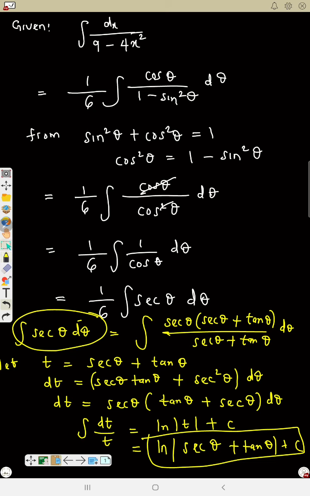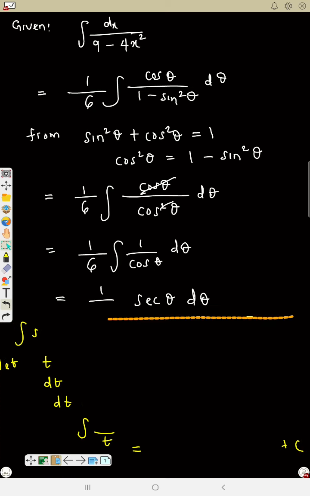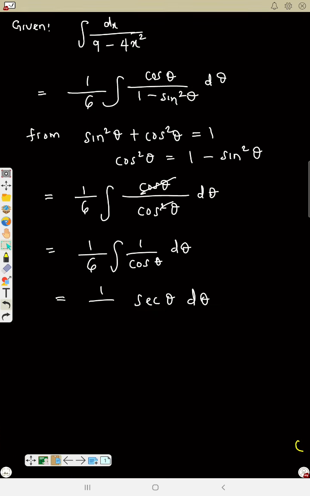So you can know that integration. Because I'm using it here, I just show you how I get it. So if I continue here, this is 1 over 6 integral of sec theta, because 1 over cos theta is sec theta.